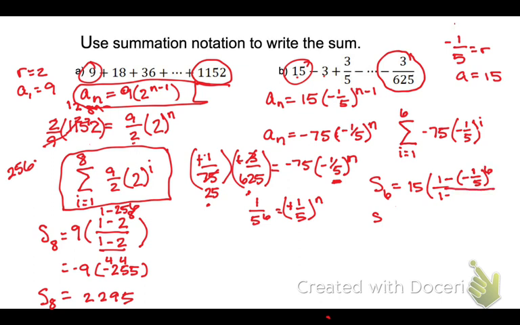Does that make sense? But on the bottom, it's going to be turned to a plus, correct? So the bottom is going to be 6/5. Then I multiply by the reciprocal, which is 5/6. So 5 times 15 is 75, so 75 sixths times 1 minus 1/5 to the 6th.